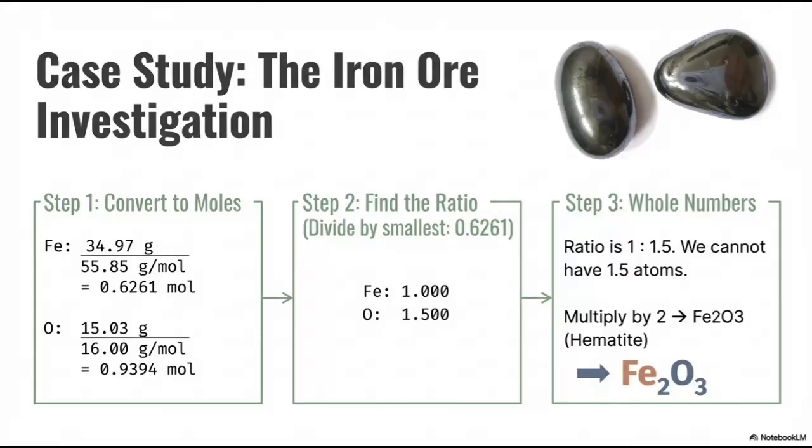And you have to do it to all the elements. You cannot do it just to one. So if you do it to one, you have to do it to the other one. And that's how you ended up with iron oxide. And it's iron 3 oxide, because the charge of that iron in here will be plus 3.